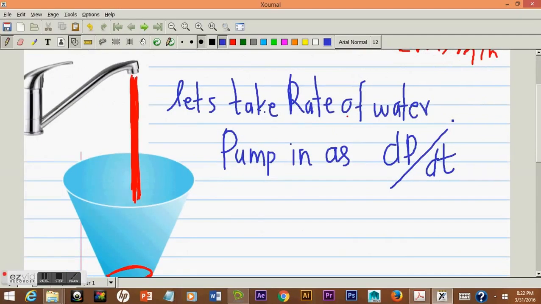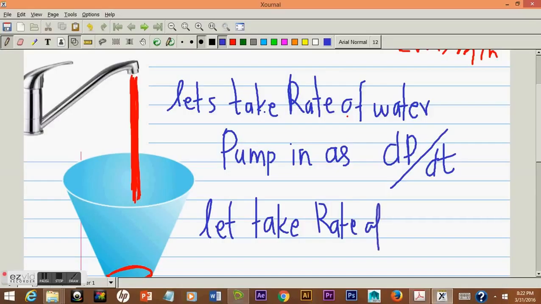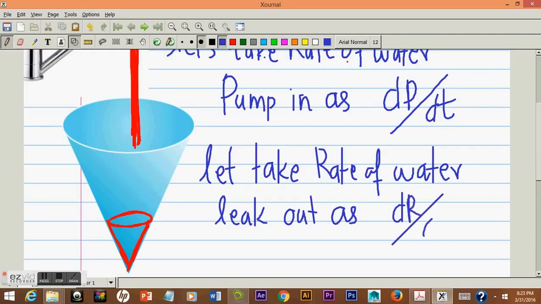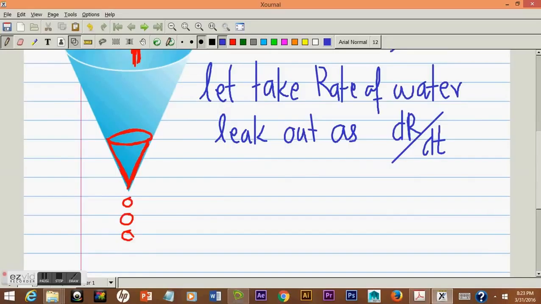And secondly, what we are going to define is, let's take the rate of water leaked out as dr by dt. So the water which is leaking out from the cone as dr by dt.